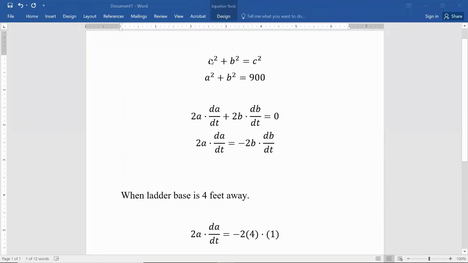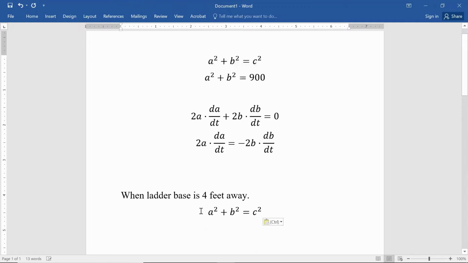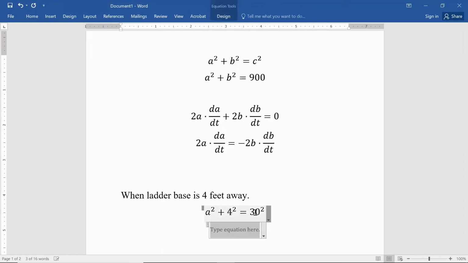So I go back to my Pythagorean theorem here. And when the base is 4 feet away, the ladder is still 30 feet long. The base is 4 feet away. I can solve this equation for A. 30 squared minus 4 squared becomes 884. That's A squared.